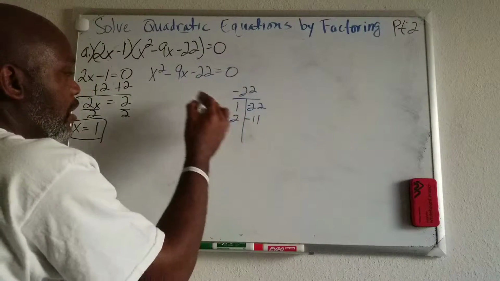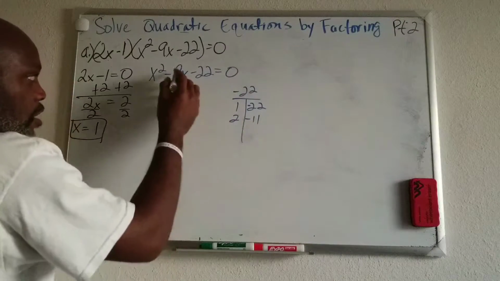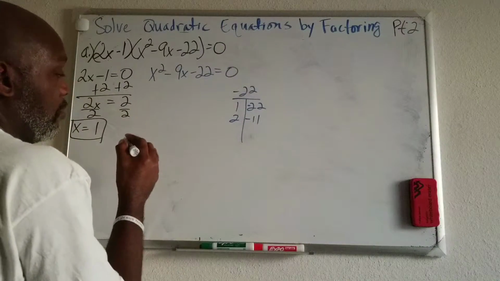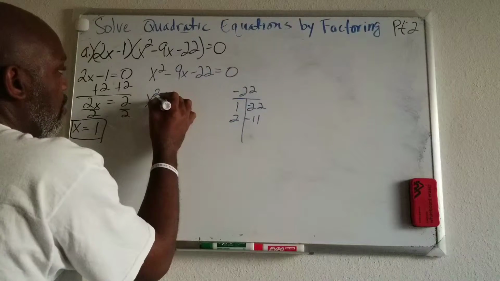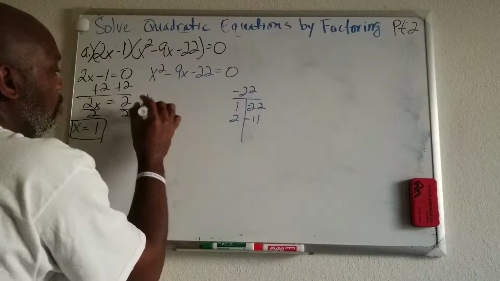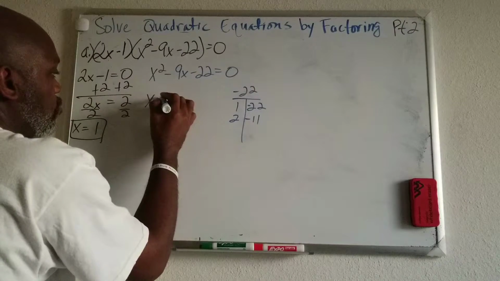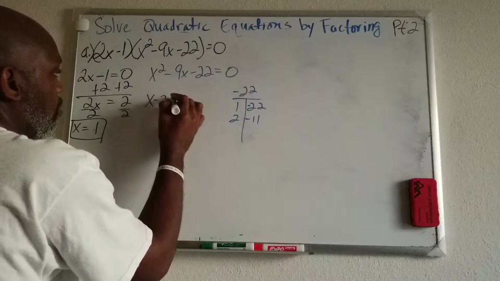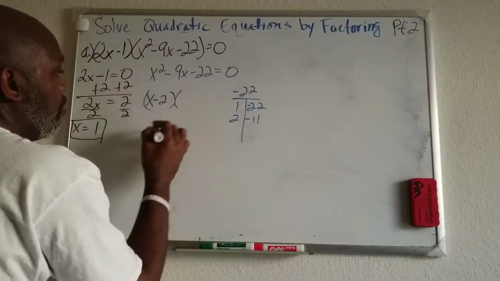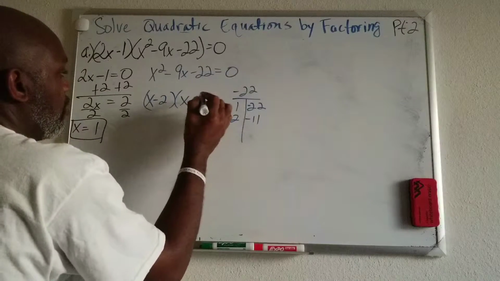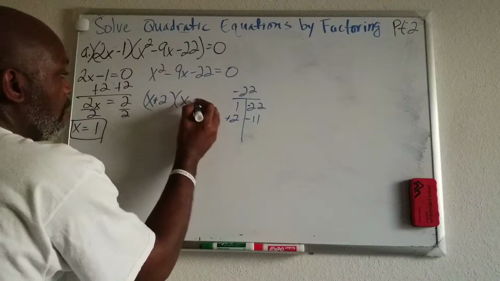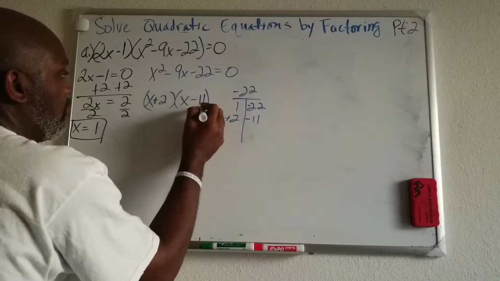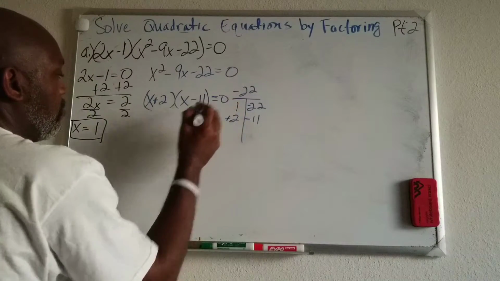So 2 and negative 11, if we add those together, you get negative 9. So we're going to go with x plus 2 times x minus 11 equals 0.